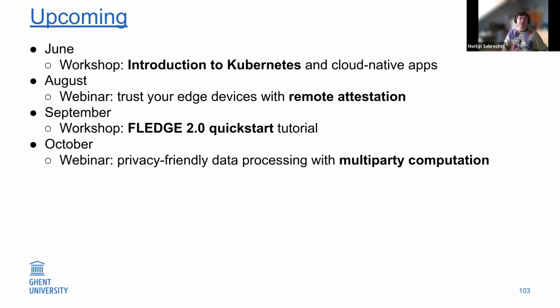In August, we will do a webinar about trusting edge devices with remote attestation. Basically, how to solve the issue of you have devices that are not inside of your own data center. You have devices that are maybe in locations that are easily physically compromised. How can you detect those compromises?